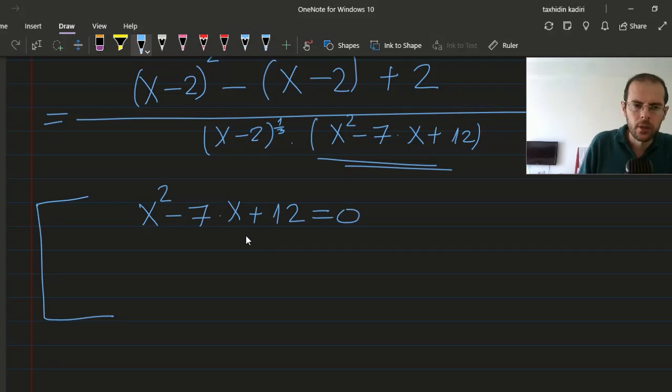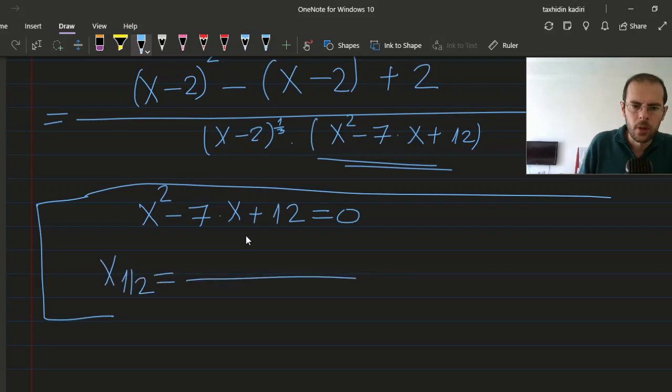We are going to use this formula: minus b plus or minus the square root of b squared minus 4 times a times c, over 2 times a.